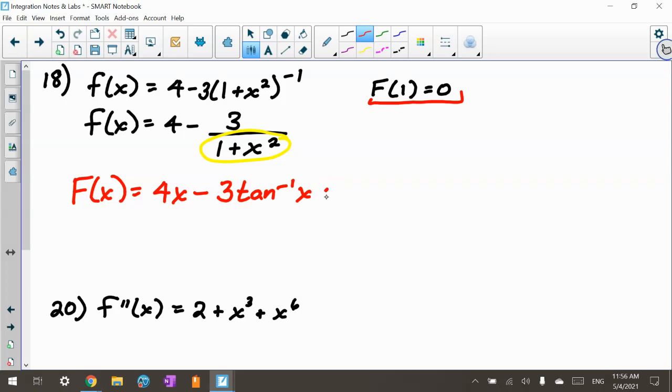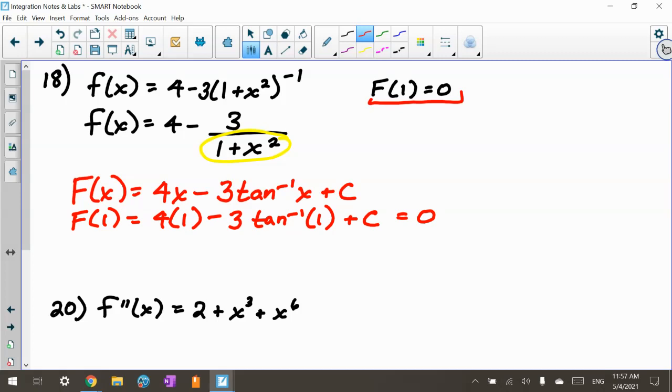And then I got to put my constant c. Now, by them giving me f of 1 is 0, wherever the x's are, I can put a 1 and put it equal to 0. Maybe we can figure out what c is. So this one's a little bit complicated, so kind of follow through with me. So I'm going to do f of 1 equals 4 times 1 minus 3 times the inverse tan of 1 plus c, I know, equals 0. Okay?